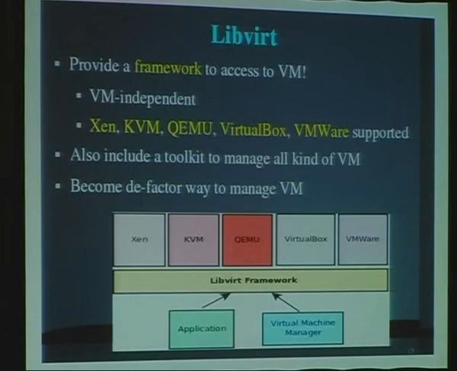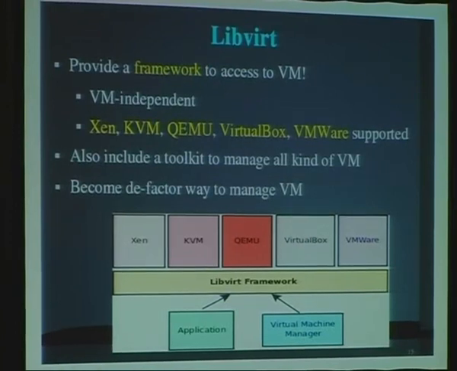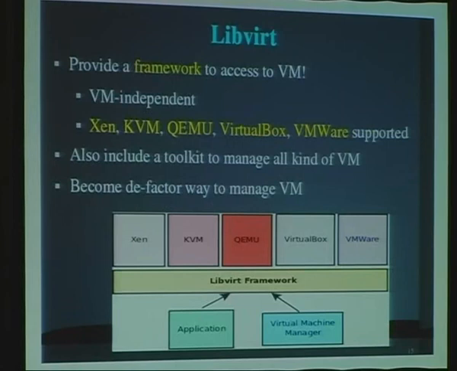To control a lot of different virtual machines like this, people came up with a framework named libvirt, which is open source and supported by many organizations and companies in industry. Using libvirt, you can access all kinds of virtual machines, and libvirt is virtual machine independent.